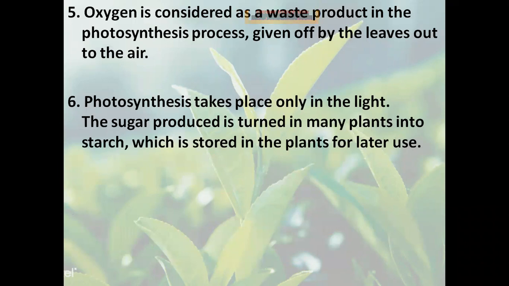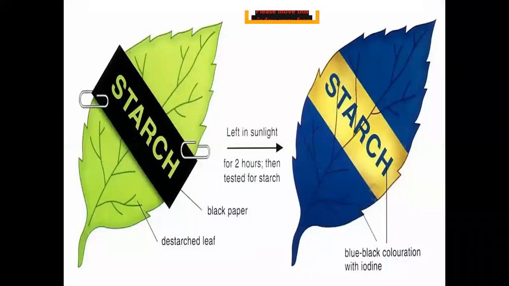It's given up by the leaf out to the air. Photosynthesis occurs only in the light, meaning during the day. And the sugar is turned into starch, where the plant will store it for later use. We will talk about the reactants and the products in the coming slide.